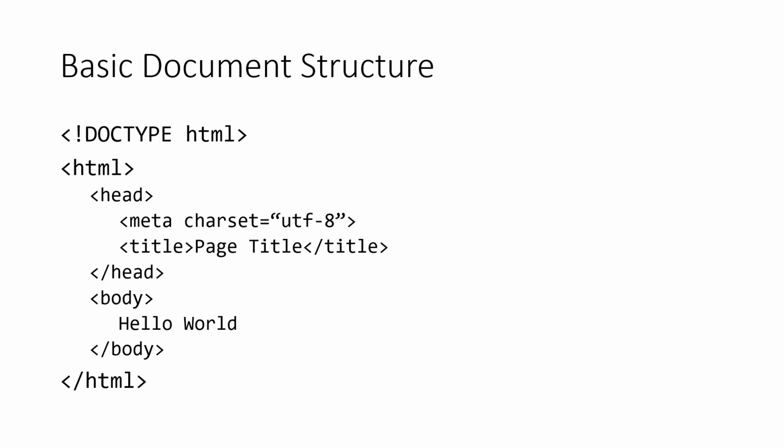And then usually the header we can use for various stuff. For example, we define our character set as UTF-8, which will support Unicode, right? And then we also include the title for the page.